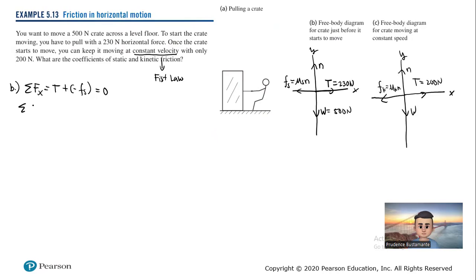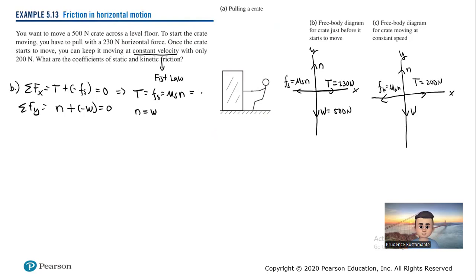For the y, the normal force plus the negative of the weight is equal to 0. From here, the tension is just equal to f sub s, which is mu sub s times n, and n is just equal to the weight.